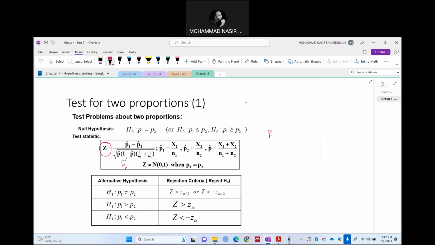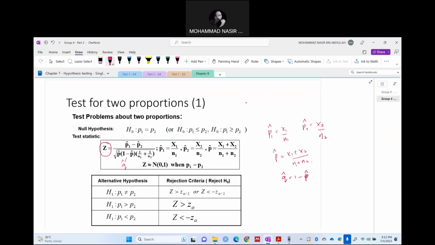P1 hat is equal to X1 over N1. P2 hat is equal to X2 divided by N2. The grand P hat is equal to X1 plus X2 divided by N1 plus N2. Q hat is equal to 1 minus P hat.